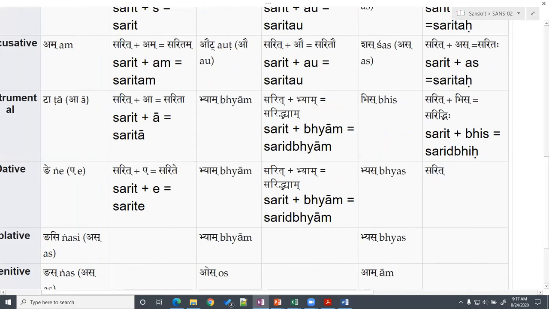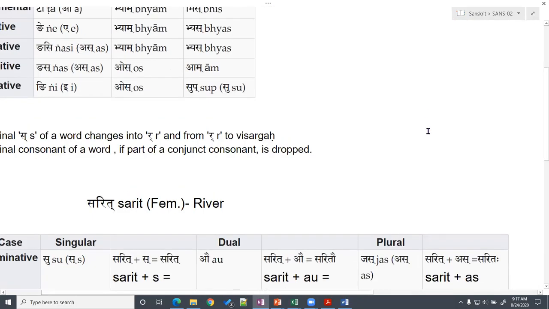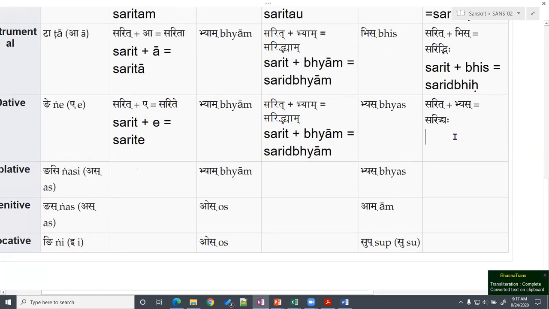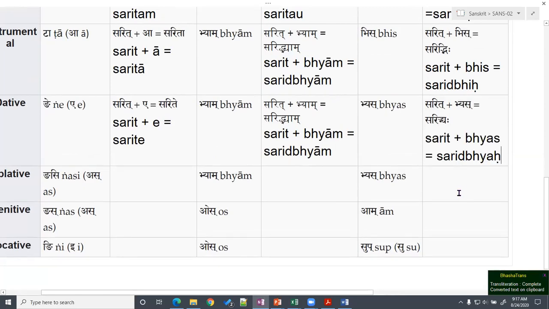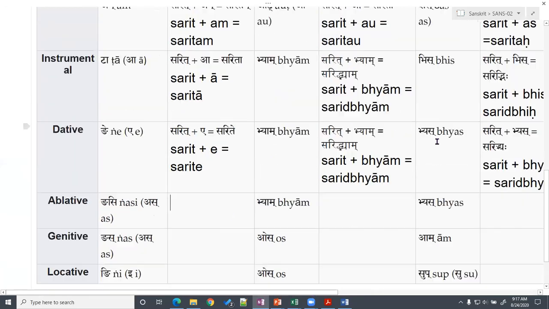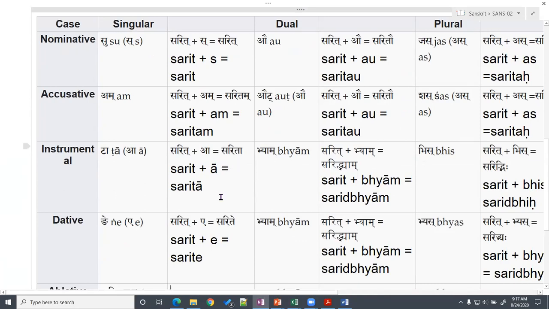So sarit plus bhyas is equal to saridbhya. The us suffix is incidentally the same here, even though it differs in the main one, but the final form is the same.